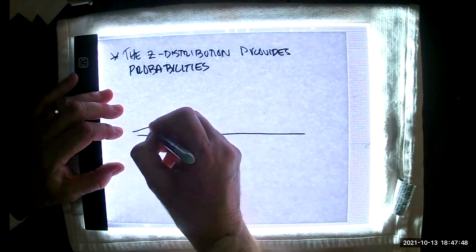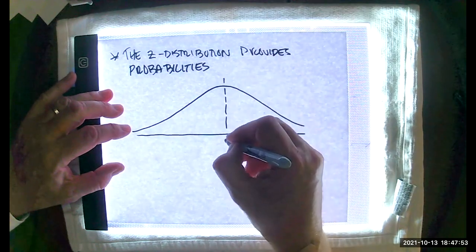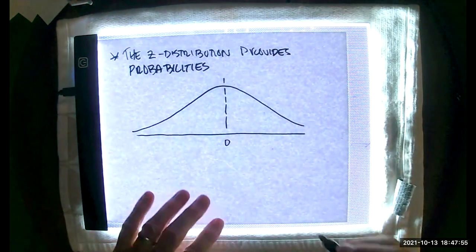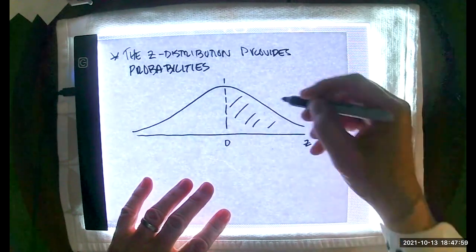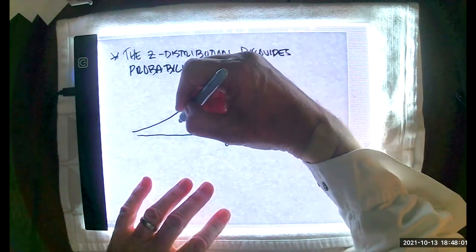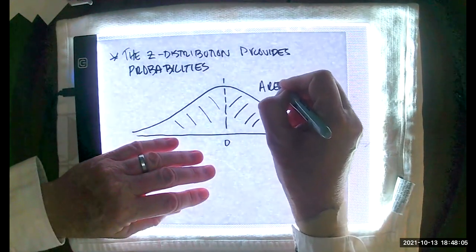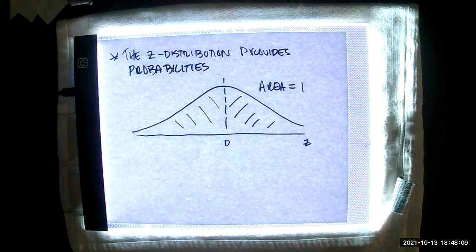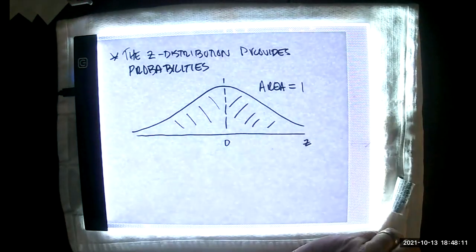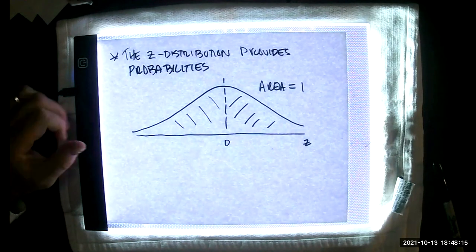So that means the area under the graph and above the z-axis is equal to 1. So that total area underneath that graph, I want to be very clear, is equal to 1.